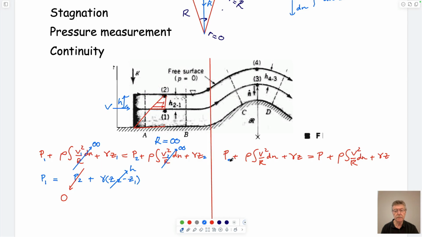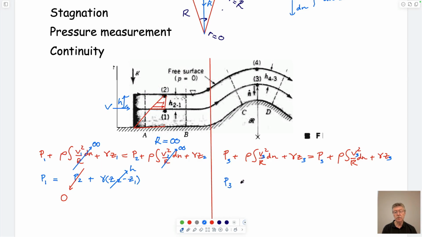It's between 3 and 4. And so we can rearrange that now in terms of, we'd like to know what P3 is as a function of P4. So let's arrange it in terms of P3.